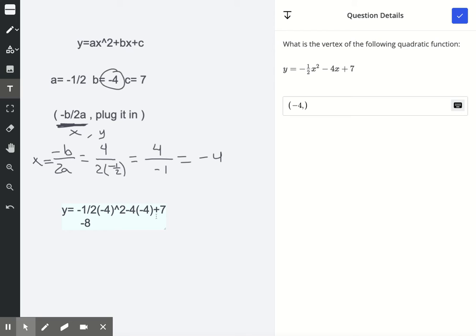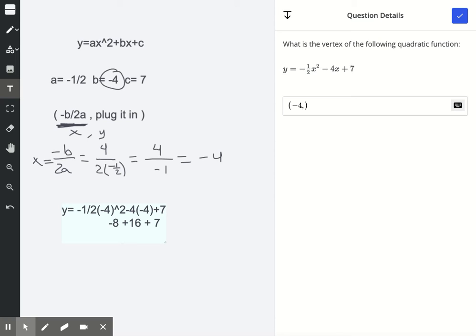And then negative 4 times negative 4 is plus 16. Now, do you see something interesting about the numbers negative 8 and plus 16? Well, the middle one is double the first, and they're opposite signs. So I encourage you to at least know that as a good check step. If you see that, you can confidently move on. Know that you're on the right track.